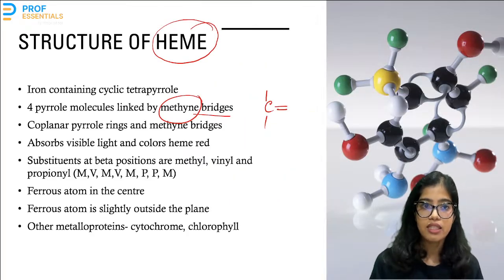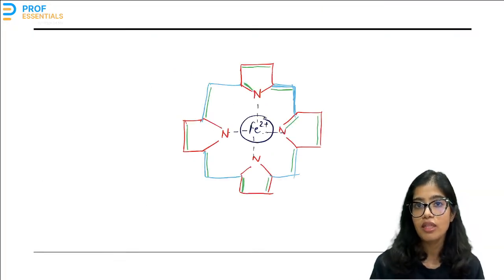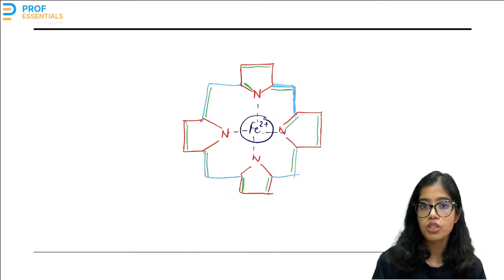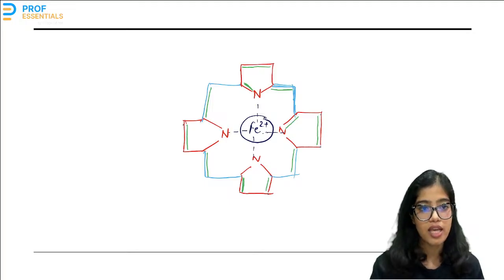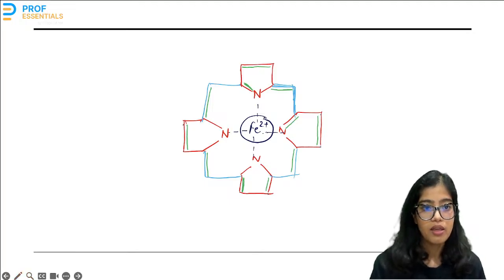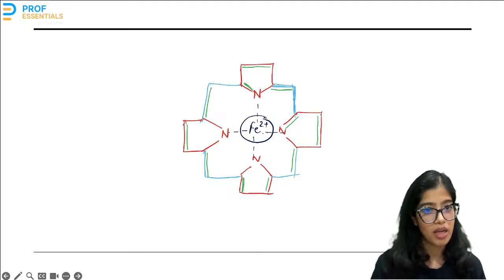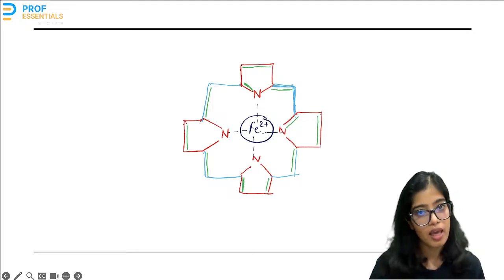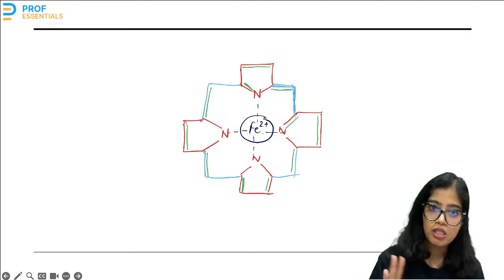The next is the substituents at the beta positions. Remember, this is the alpha carbon and this is the beta carbon. So there will be substituents at the beta positions of each pyrrole ring. Now, how are these substituents arranged? They can be methyl, vinyl, or propionyl substituents, and they are arranged as M, V, M, V, M, P, P, M. So M is methyl, V is vinyl, P is propionyl.